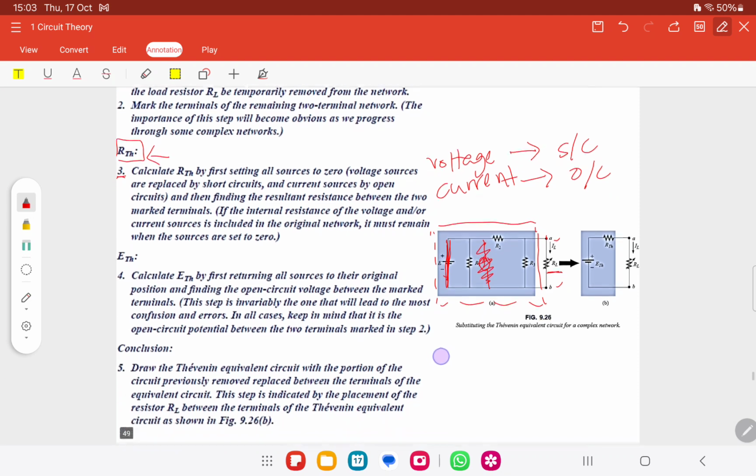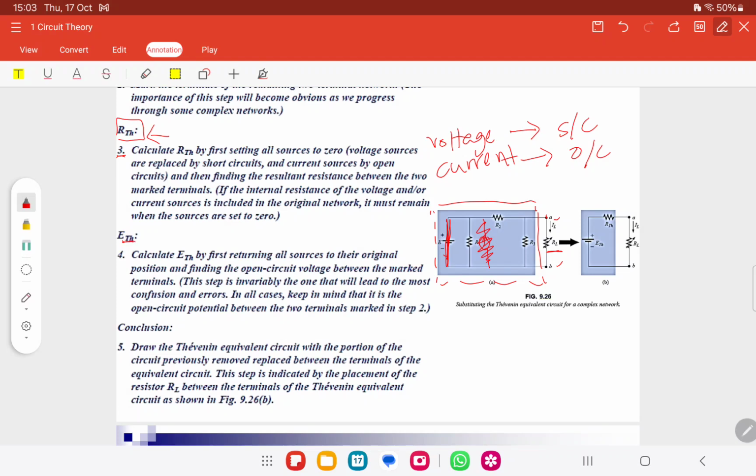Okay, step number 3, RTH. Next one is go for step number 4, find for VTH ataupun ETH. This is the same thing. Okay, apa yang kita short tadi, apa yang kita open, masukkan balik. The E tu yang kita short, the voltage source. Lepas tu kita kira lah the VTH dekat sini. VTH is at this node, dekat tempat yang kita open tu. Okay, at the location where we remove the component.